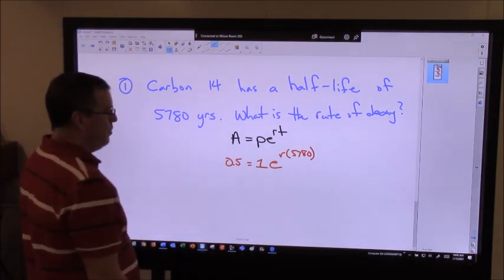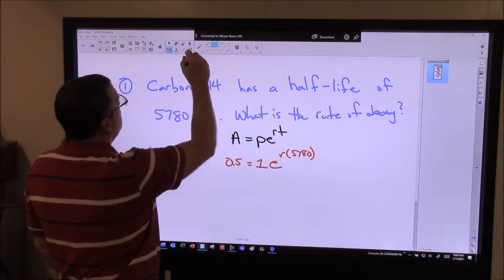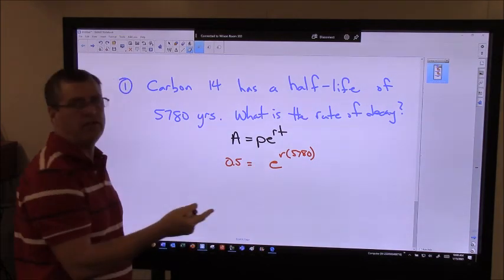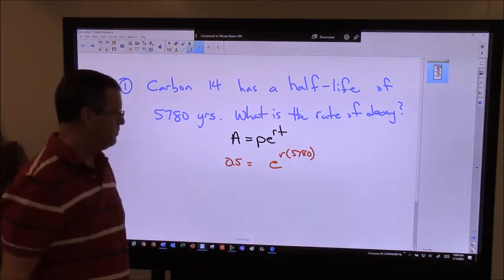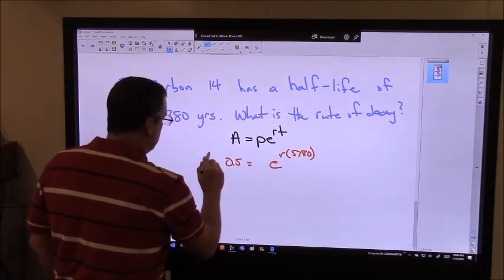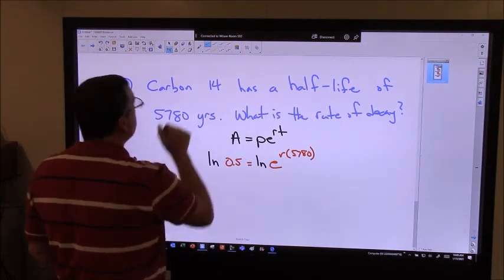All right, so let's see. Again, the 1 doesn't do anything, so I'm just going to erase that. If there's nothing written there, then we know the number in front is a 1. I'm going to take the natural log of both sides. So natural log of this, natural log of this.